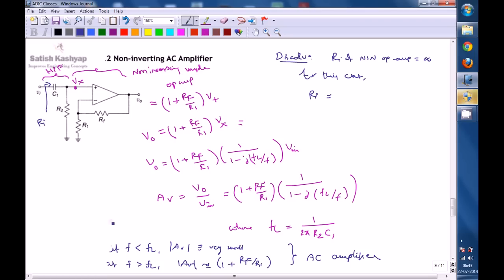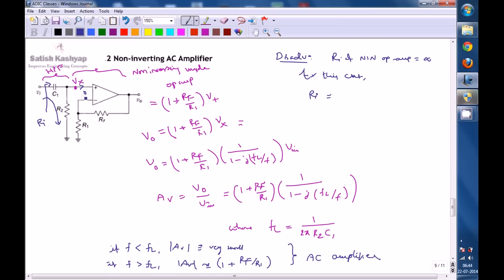Its value is different for different cases: when the frequency is less than FL and when it is greater than FL, the Ri value will change. Since no current flows into the op amp input terminals, the effective impedance is the series combination of R2 and the reactance of C1. This is when the frequency is small.